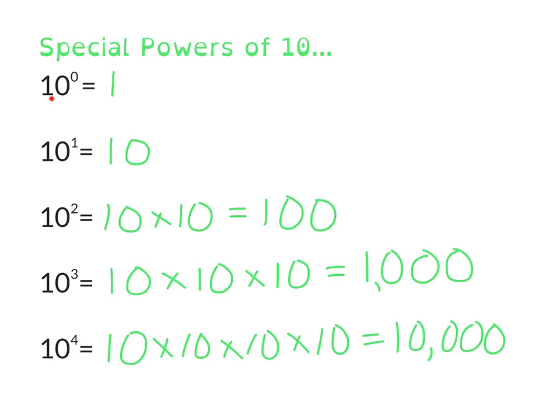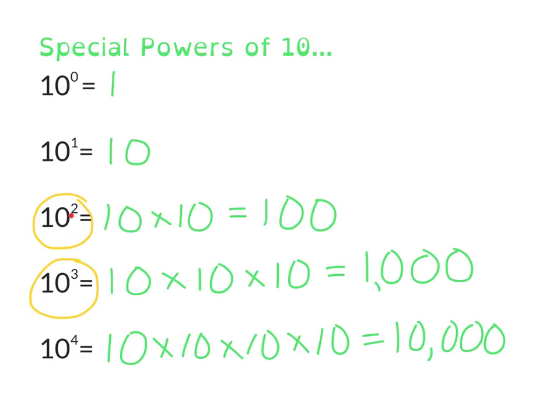So we read these as 10 to the 0 power, 10 to the 1st power, 10 to the 2nd power, 10 to the 3rd power, 10 to the 4th power, etc. The special ones you have to remember are, there's a special way to read 10 to the 2nd power and 10 to the 3rd power. You can say 10 to the 2nd power, you can say 10 to the 3rd power, but what most people say is 10 squared and 10 cubed.